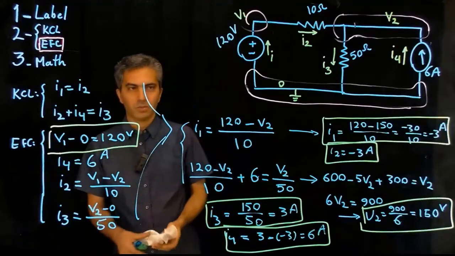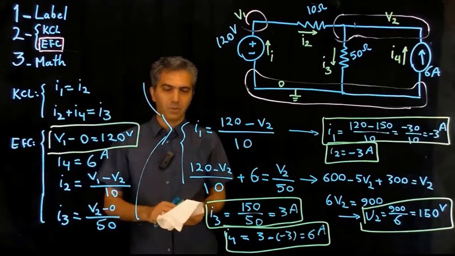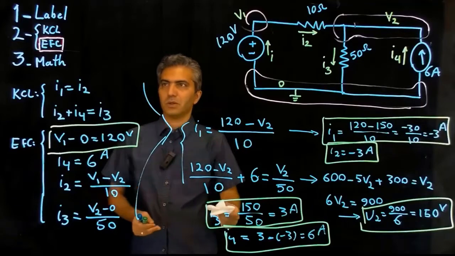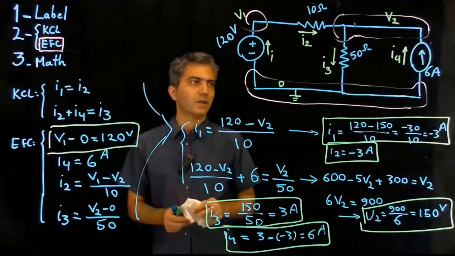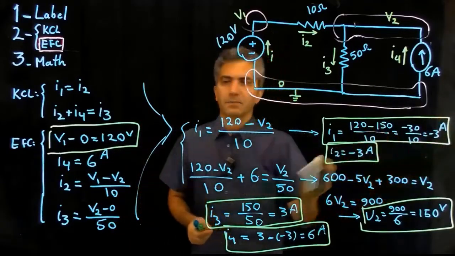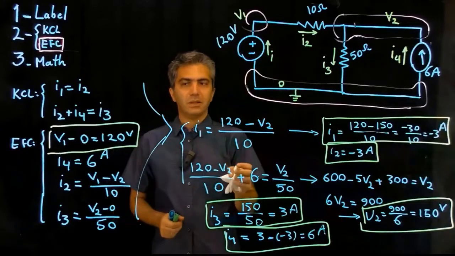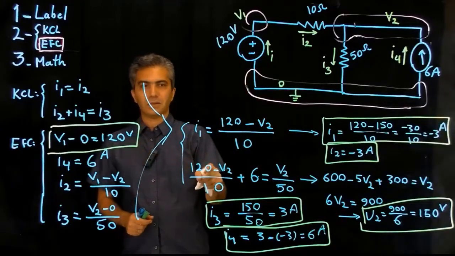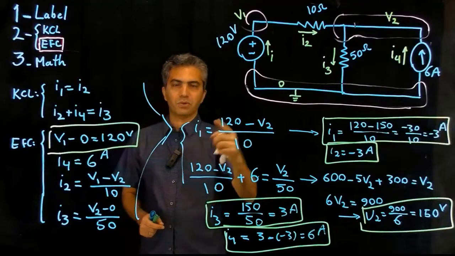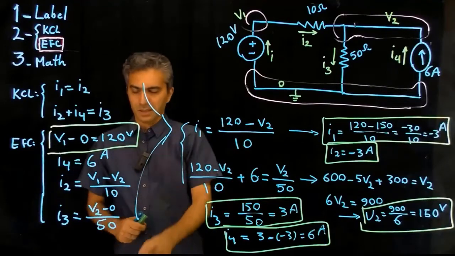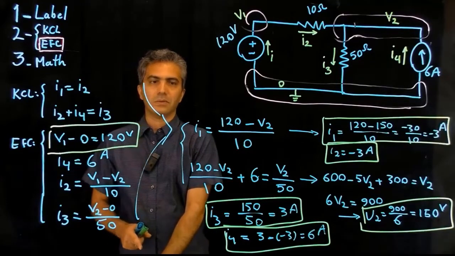Now I'm going to move on to the next example, where we are discussing a different circuit. I would like to end this momentarily and then move on so that I can clear the board.